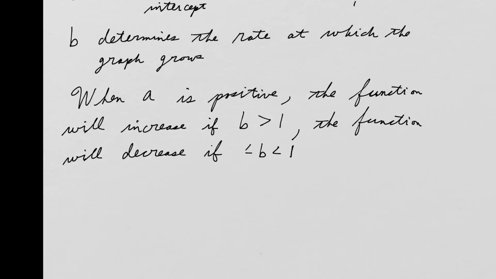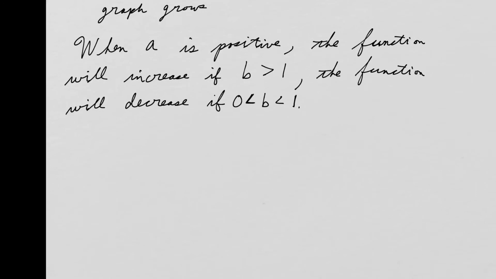In our example, 3 to the minus x was the same thing as 1/3 to the x. So b was 1/3, between 0 and 1, and we saw that the graph decayed. Now, what else do we know? The horizontal line y equals 0 is a horizontal asymptote, because the graph got closer and closer to that line.